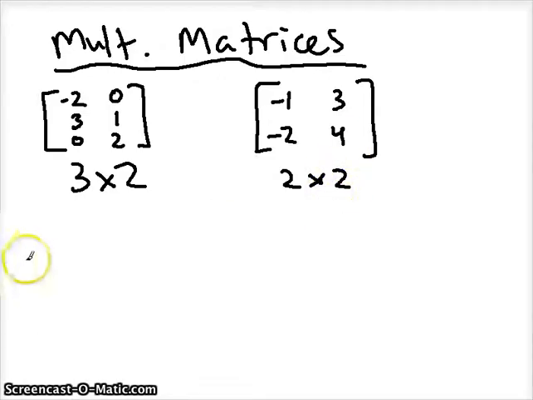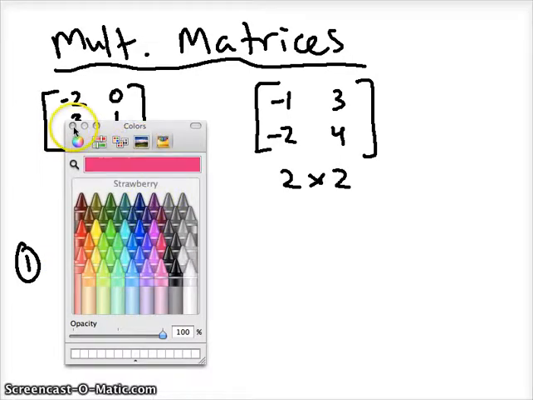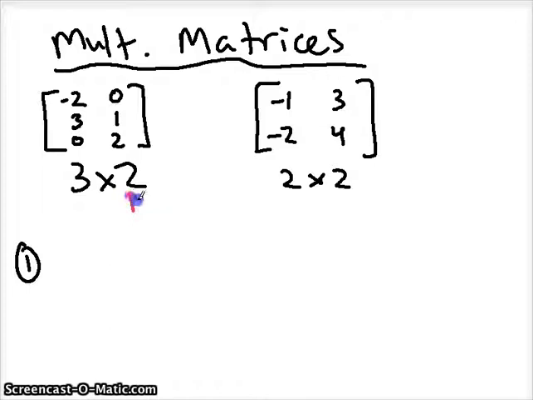The first rule to multiply matrices is that this number, the number of columns in your first matrix, has to match the number of rows in your second matrix. Otherwise, the multiplication doesn't work, our process doesn't work, and it's not possible to do.